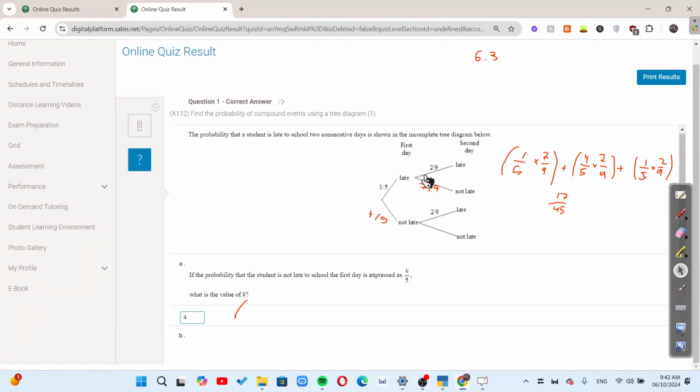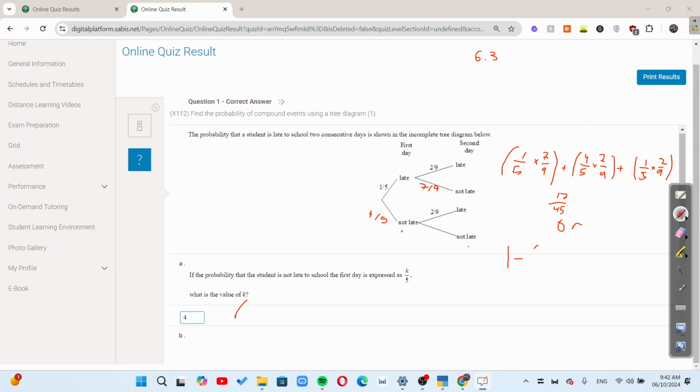Okay, turns out the mistake on my side was from my calculator, not me. Or you could do 1 minus the probability of him not being late, which means the only chance where he's not late at all is not late, not late.